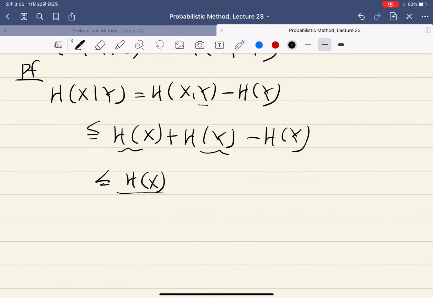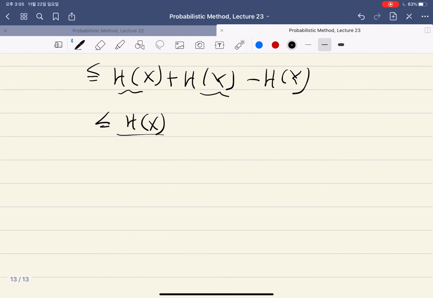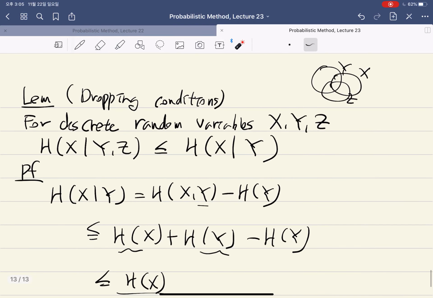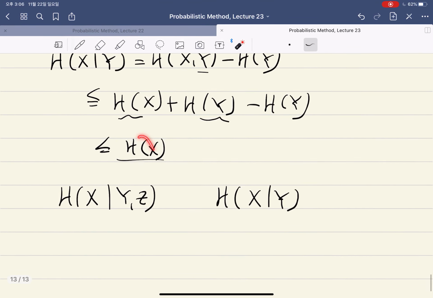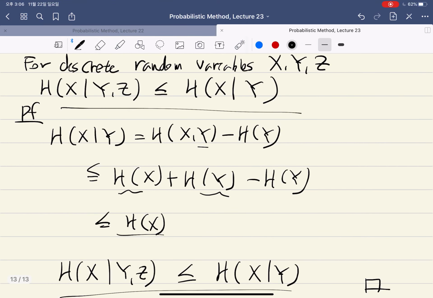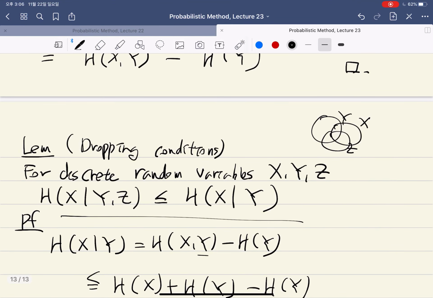So this is known. Then what we want now is to compare this and this. So you add some condition. Here we have a condition, we can delete it. Now we have two conditions and we can delete one condition by the same logic. Then we get this inequality, which proves this dropping condition lemma.